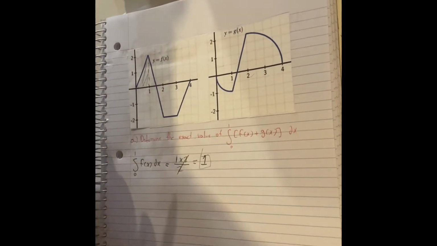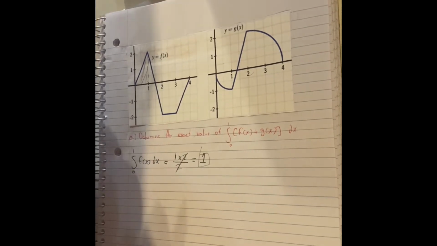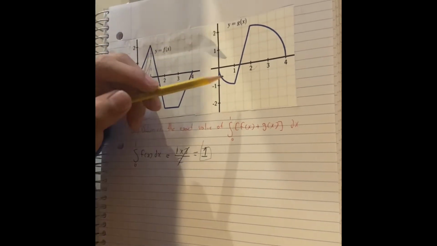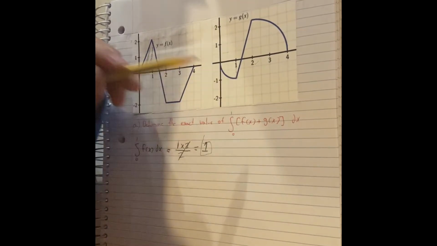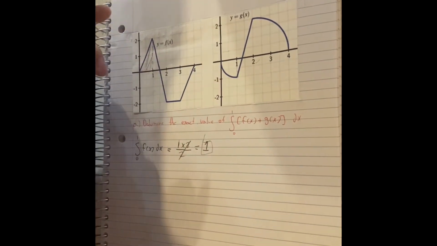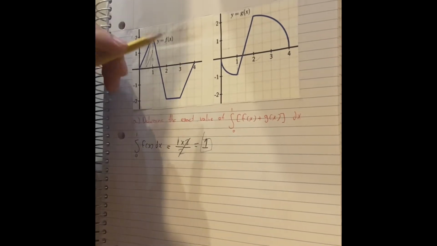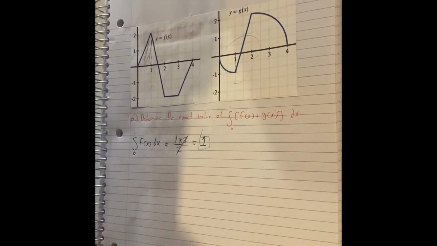So the area of this triangle is just gonna be 1. Now we are gonna do the same thing and find the area of this, which, if y'all can notice, is just 1/4 of the circle. So we're just gonna use pi r squared to find the area of the whole circle and divide it by 4.